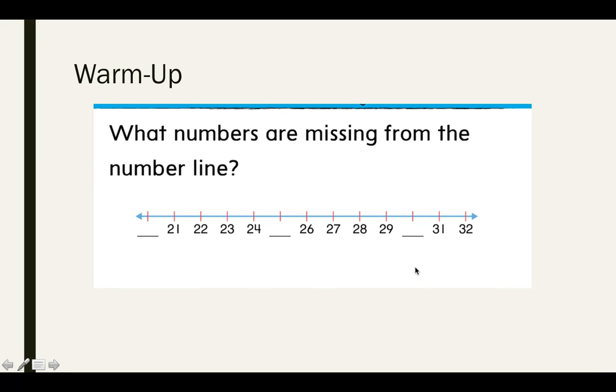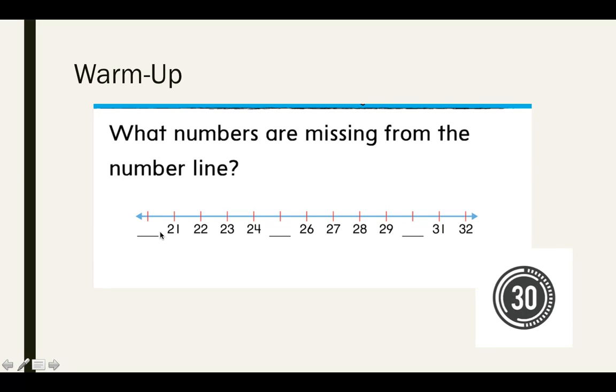We're going to start with a warm-up first. Are you ready? What numbers are missing from the number line? I'm going to give you some time to look at the number line. What do you notice? Think about it. I'm going to give you some time to think about it. What do you notice?